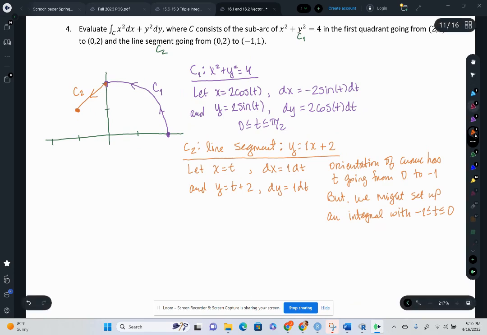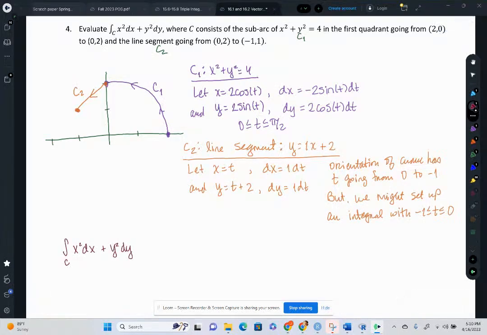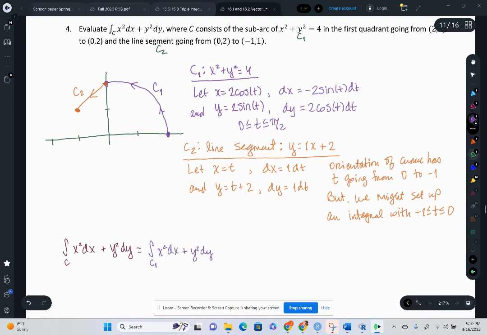All right, when I write this out, I have my integral over C of x squared dx plus y squared dy. It needs to be broken up into two pieces. I have my integral over C1 of x squared dx plus y squared dy, plus my integral over C2 of x squared dx plus y squared dy, okay?